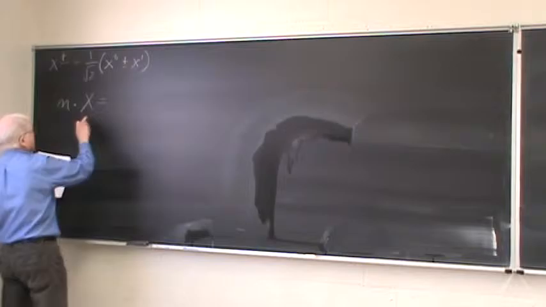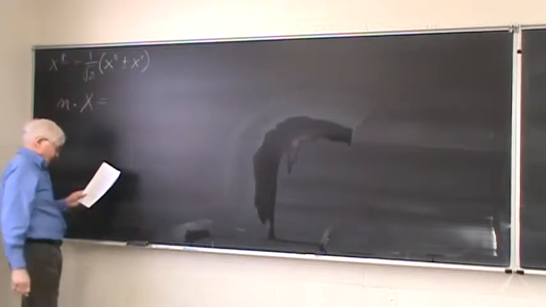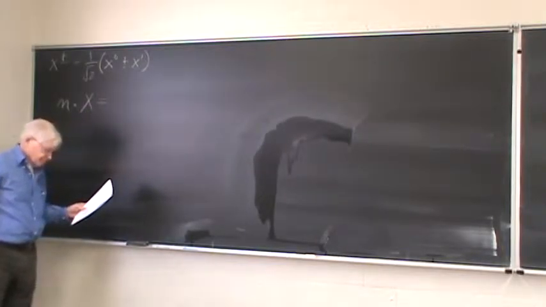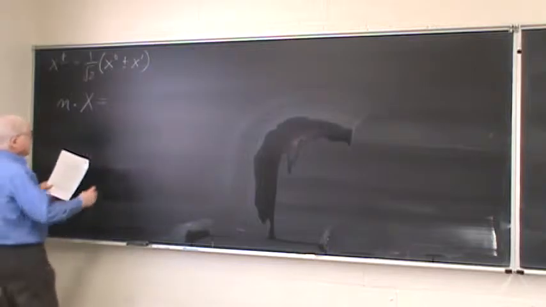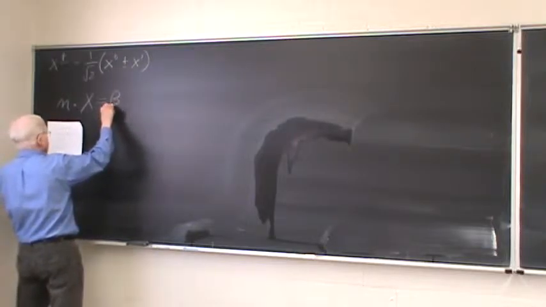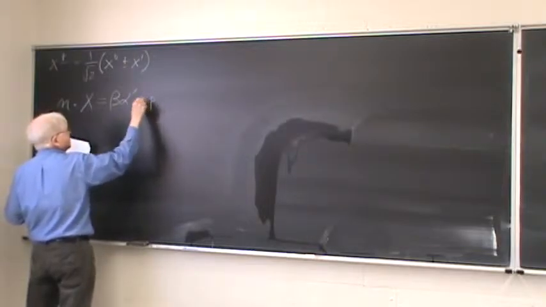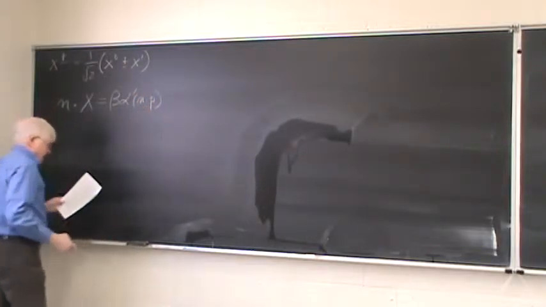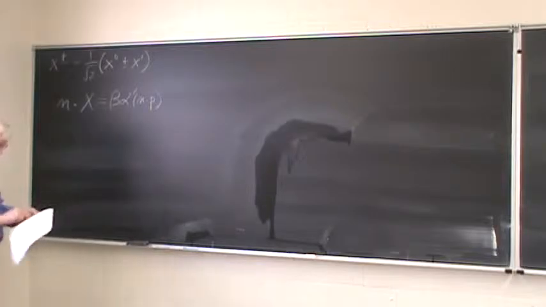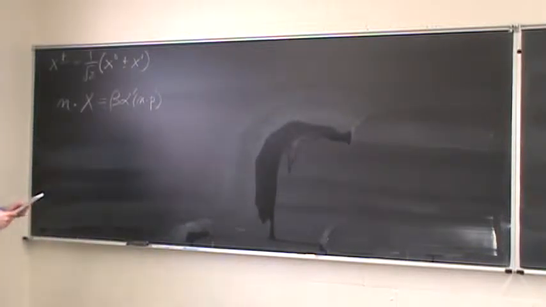The conditions are that x, all the coordinates of the string, we set equal to beta, something called the string tension, n dot p. n is a vector, and I should have said whether it's space like or time like.